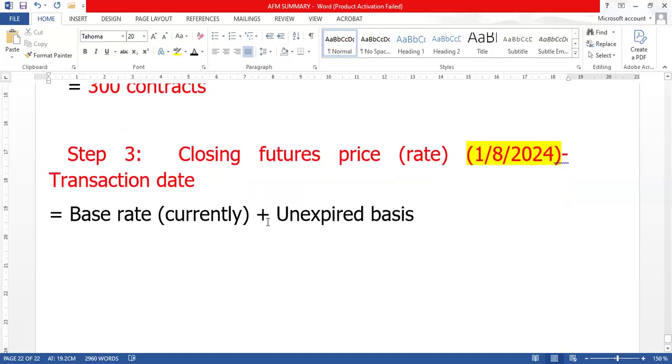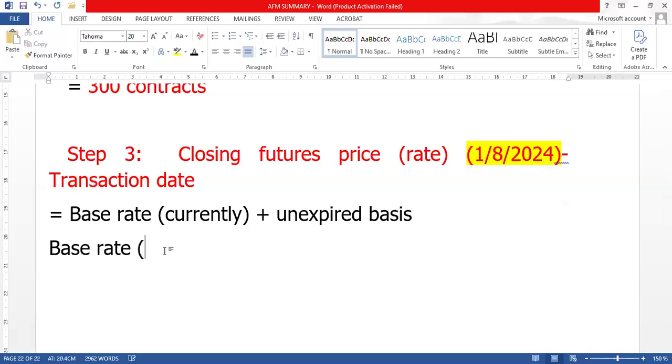Now, how will you get the unexpired basis? First of all, what is the base rate now? Before we go to the unexpired basis, what is the base rate now? I think it is 15.06, the opening futures price. No, that is the CRB.